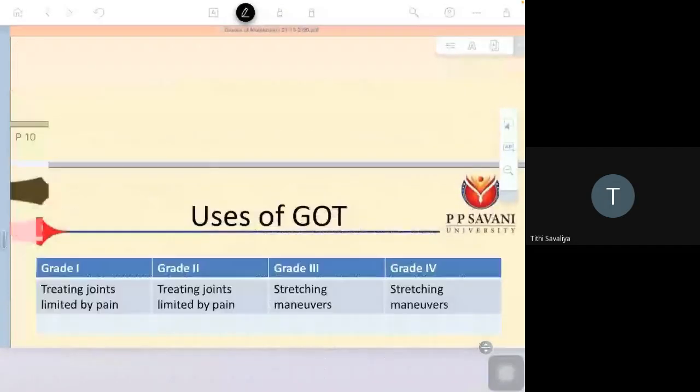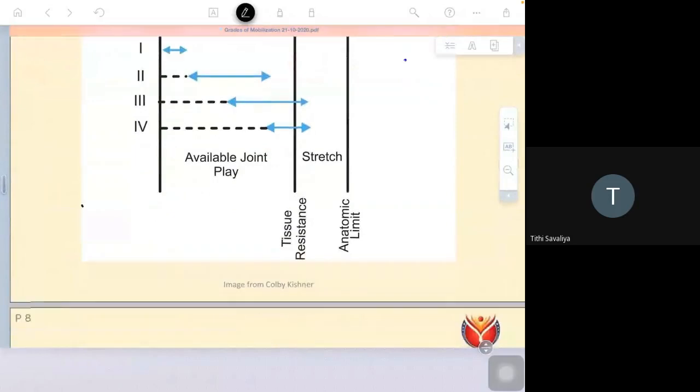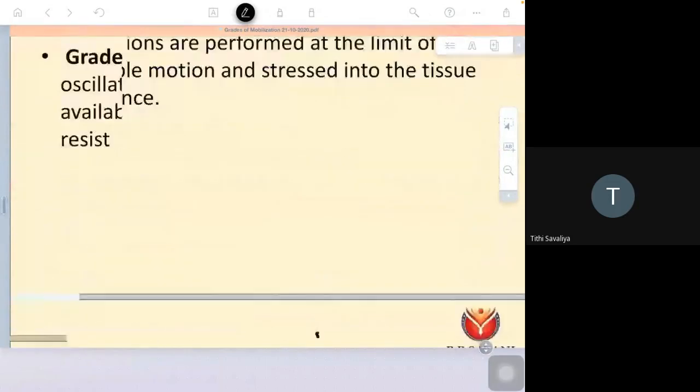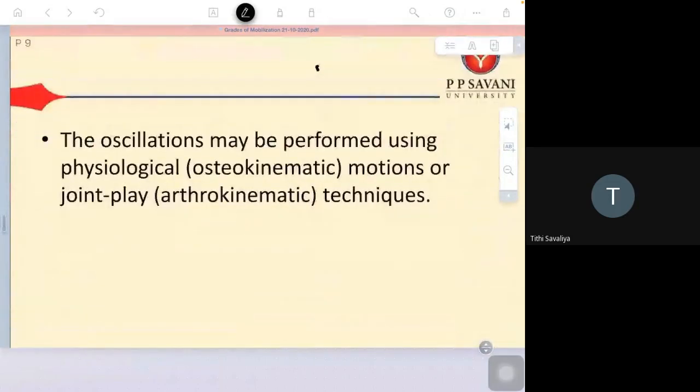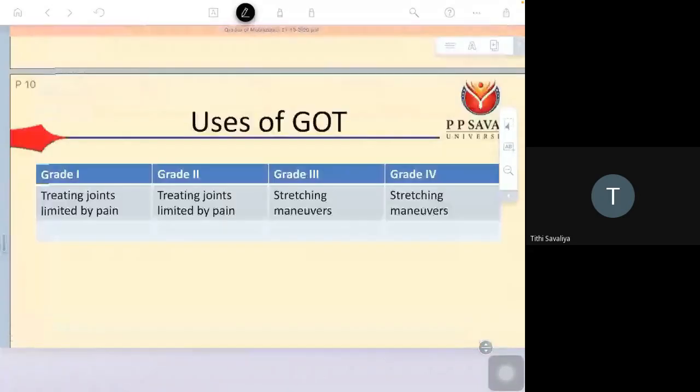If you remember, grades 1, 2, 3, and 4. Oscillations may be performed using both physiological motion and joint play technique, and uses we will discuss later.